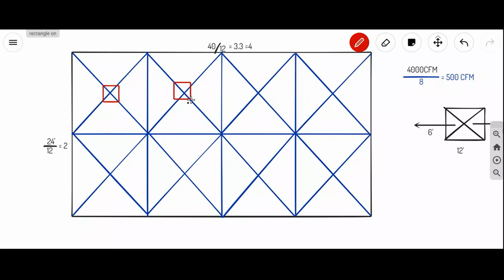Yeah, got it, sir. Why? Because I'll tell you the truth behind the calculations. So, these are the diffusers.